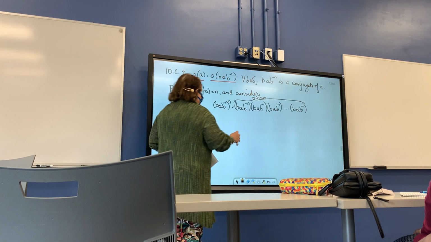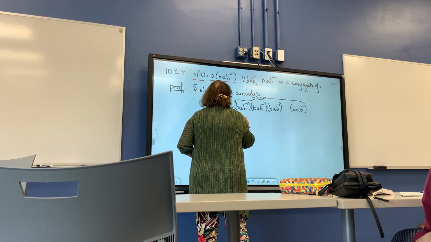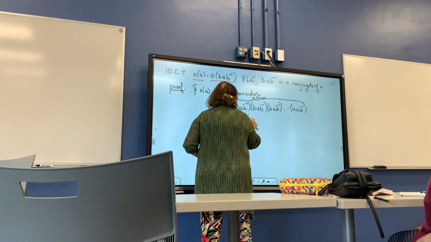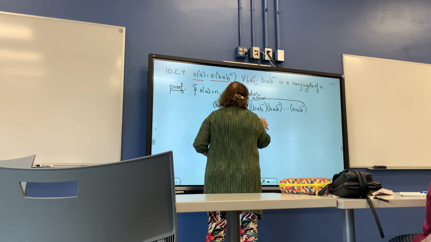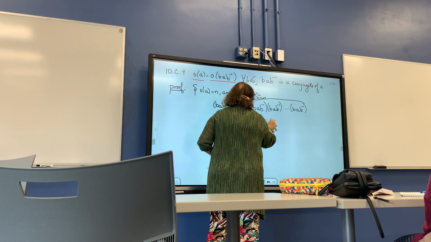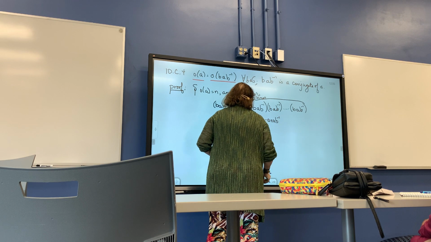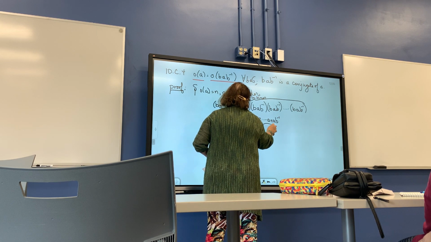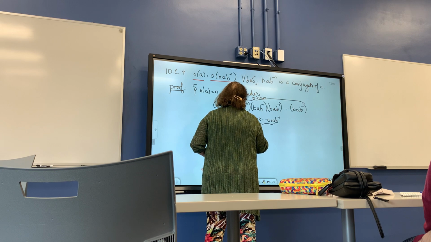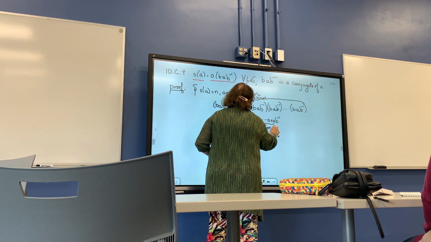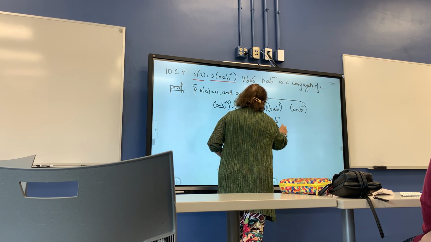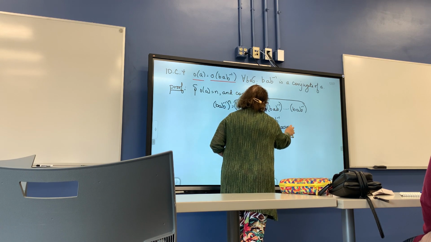Okay, so this is B, A, E, A, E, A, E, A, E, A, B inverse, and in here, n times, for A to occur. Does everybody agree?